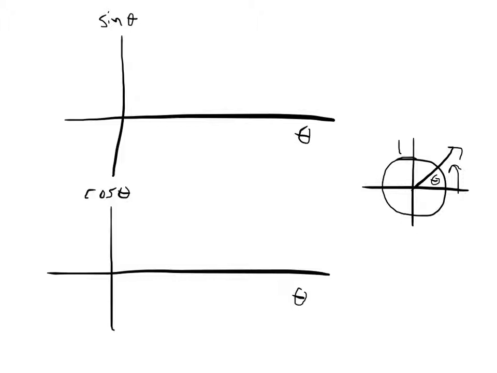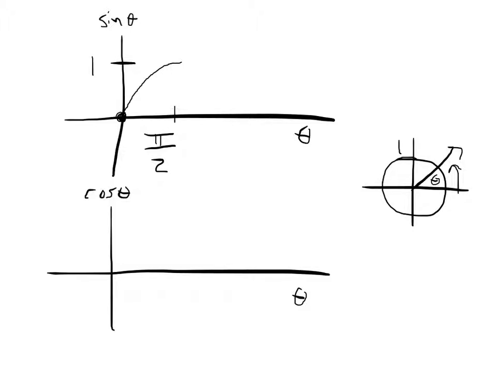It increases pretty quickly at first, and then it slows down as theta gets closer and closer to pi over 2, and I get up to 1.